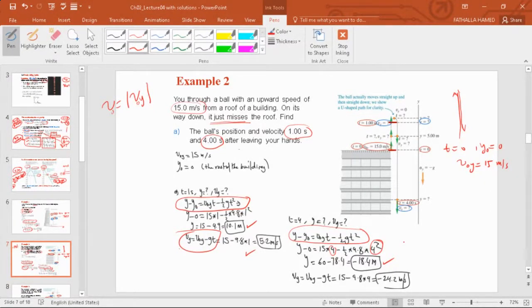That means you're moving downwards now, below that point here. And your Vy will be 15 minus 9.8 times 4, and it gives you minus 24.2 meters per second. That means now your velocity is in the negative direction.